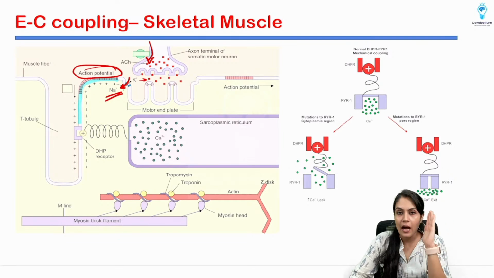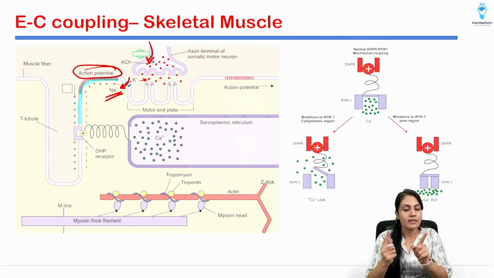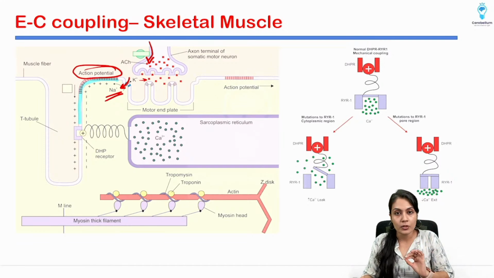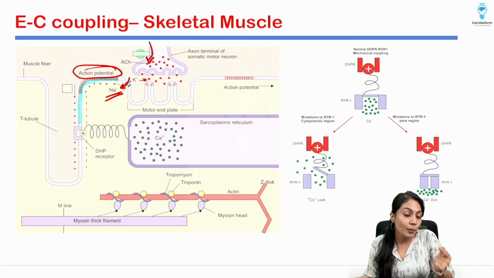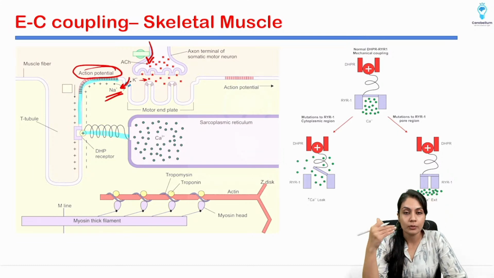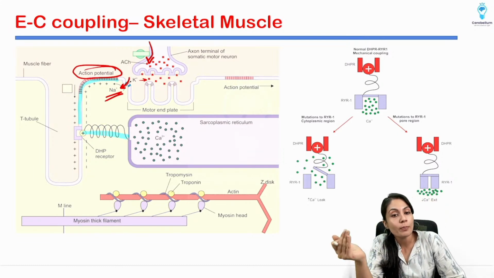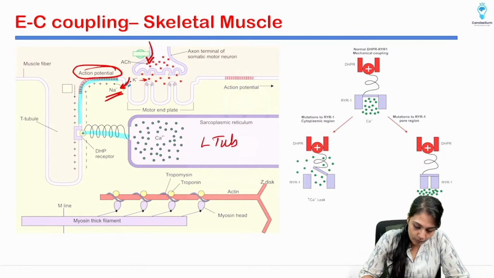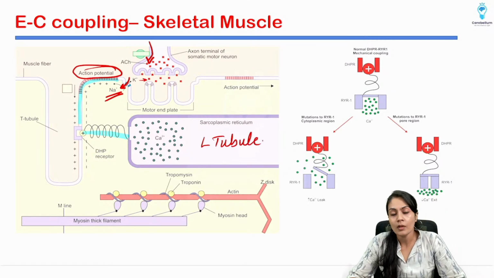What is the difference and how is this going to matter? We'll learn whenever we see the differences. For now, just remember they are receptors. DHPR receptors are there on the skeletal muscle. As soon as the action potential stimulates these receptors, you can see there is a mechanical connection of these receptors with the calcium channels present on the sarcoplasmic reticulum, which we call the L-tubule.